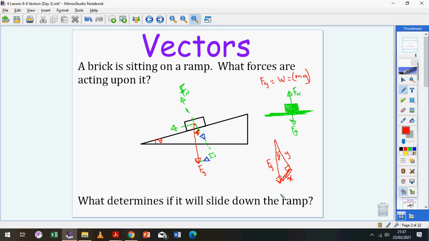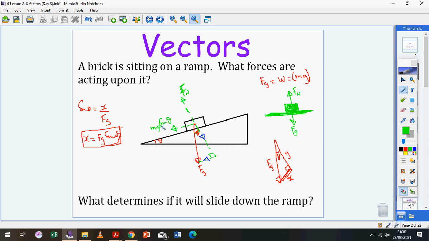So I hope you can see that sine theta is equal to x over Fg. So x is equal to Fg sine theta. This is what matters. This is very important. That tells us that this horizontal component along the incline, the component that causes the block to slide down the incline, is mg sine theta.